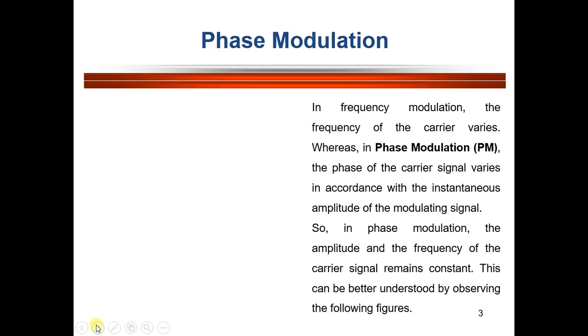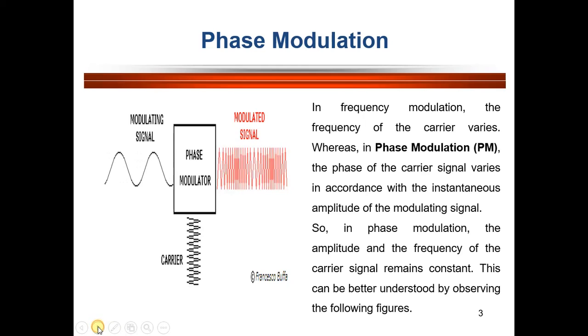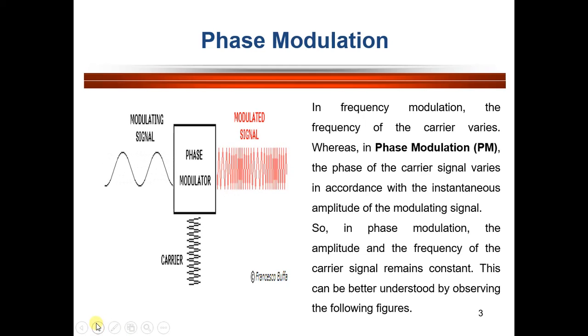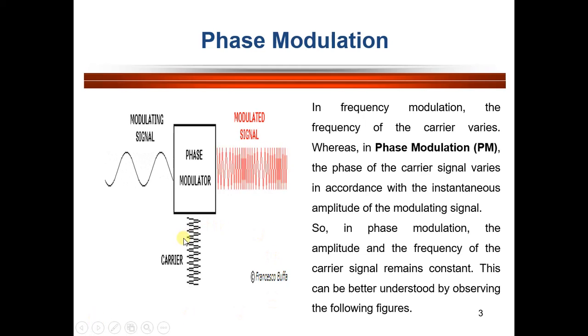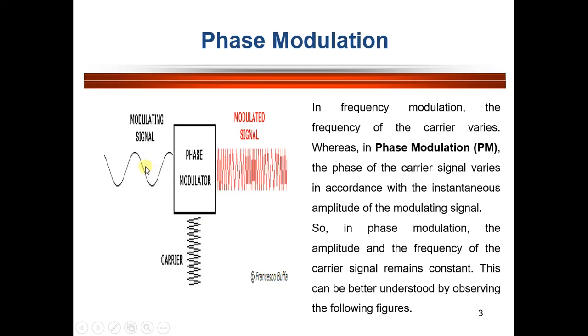frequency modulation. In today's session, we are focusing on how the modulation is done with respect to the phase. In frequency modulation, the frequency of the carrier wave varies, whereas in phase modulation, the phase of the carrier signal varies in accordance with the instantaneous amplitude of the modulating signal.